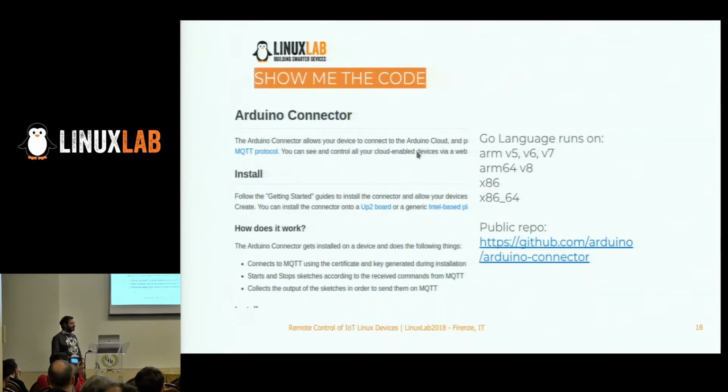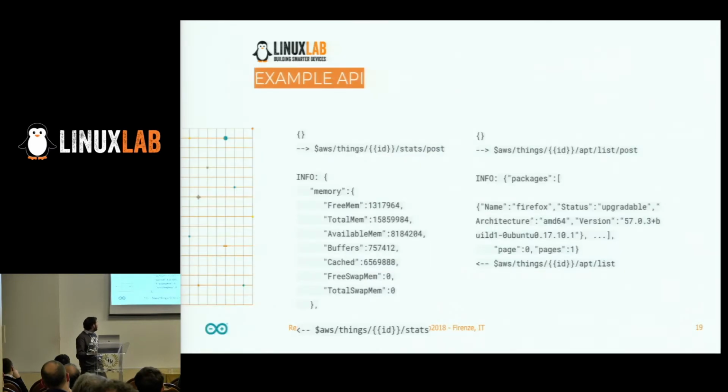What we really put some effort into was the serial communication and some internal things that we released as open source again. I'm going to speak about them later. But it basically almost came for free. And here is an example of MQTT calls to get some data from your device.